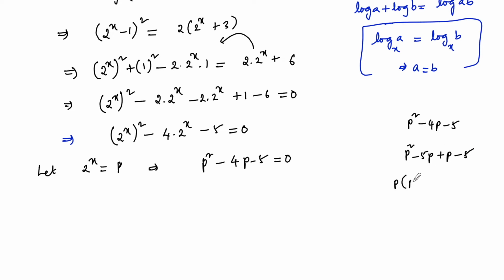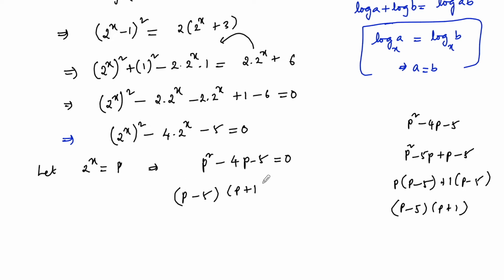We can take p common: p into p minus 5 plus 1 times p minus 5. So we can write p minus 5 into p plus 1 is equal to 0. So p minus 5 is equal to 0 or p plus 1 is equal to 0, which implies p is equal to 5 or p is equal to minus 1.